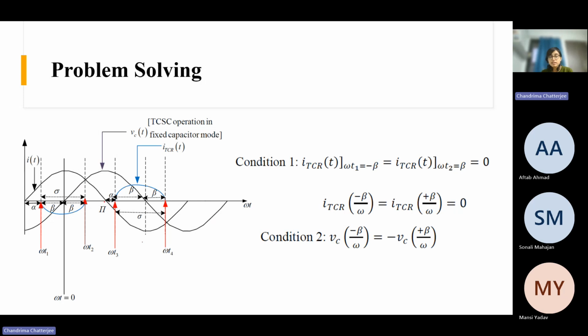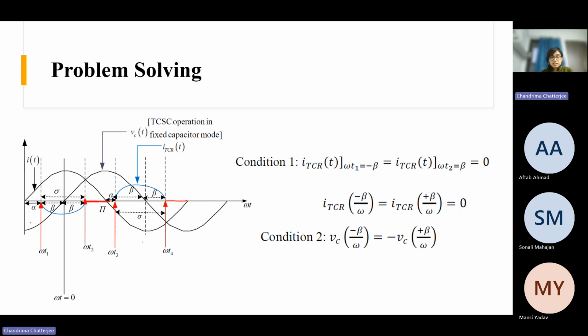This is the inductive current, and you can obviously see that this current is discontinuous. Why? Because we are varying the firing angle, so the conduction will not be continuous. For some portion only the current will be there, and for some portion the current will be zero because of discontinuity in the path.